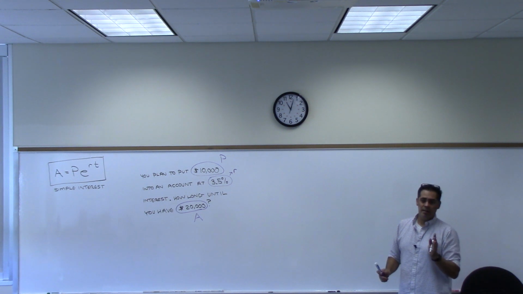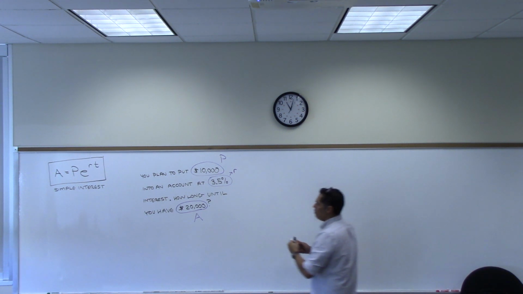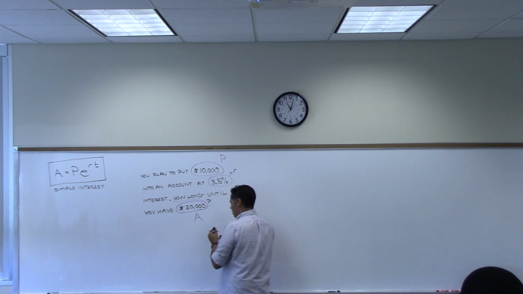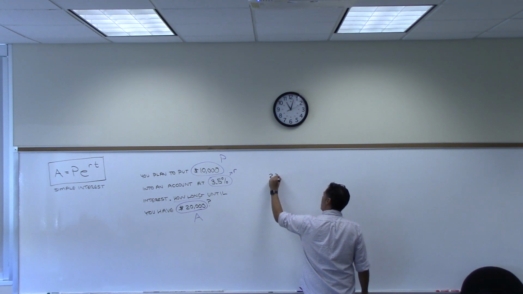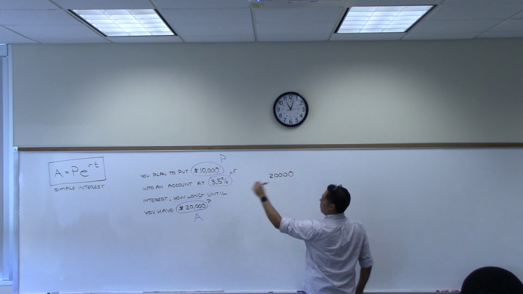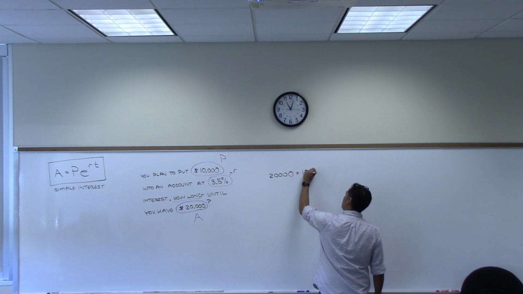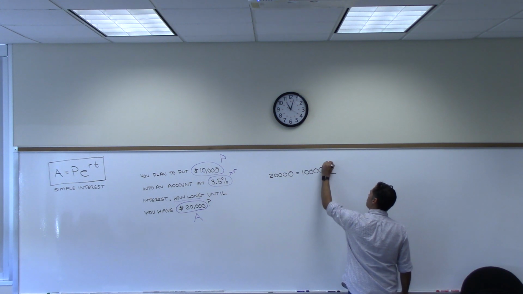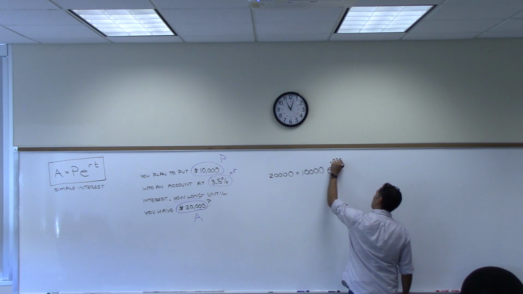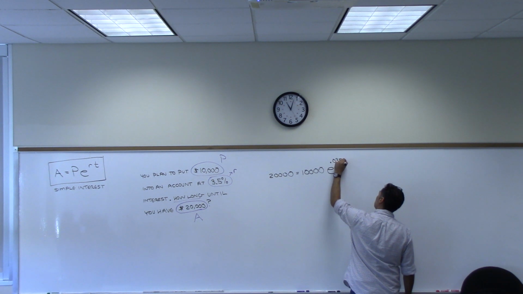We don't have T, but that's what we're asking. How long? So let's put this on the board. I'm going to write the equation up there: 20,000, that's A, equals 10,000 times e to the R, which is 0.035, times T.